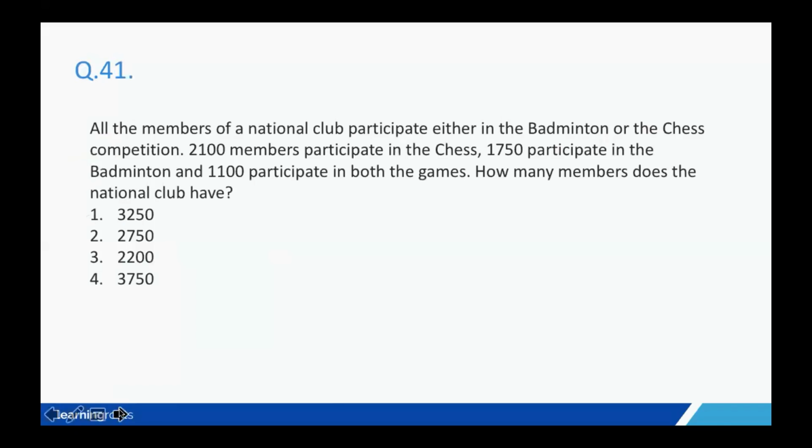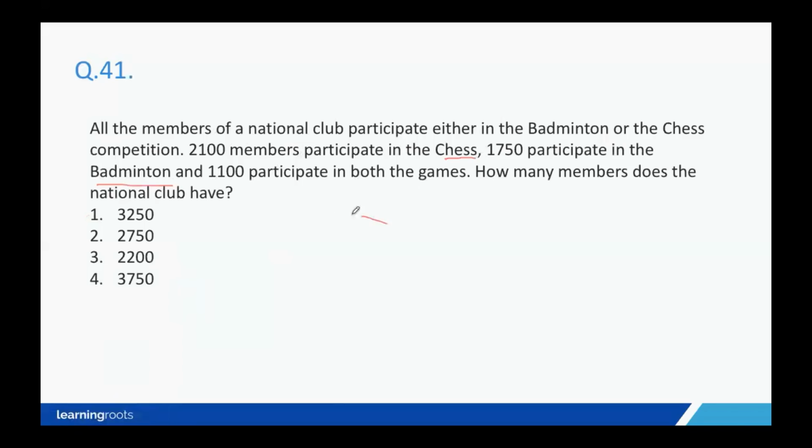Right, so let's come to the second section now, which is the Quant section. So let's tackle this. All the members of a national club participate either in the badminton or the chess competition. So many participate in chess, so many in badminton, and so many in both games. Again, a cursory look tells you that this is a two-set question. Two-set questions can be solved using two methods.